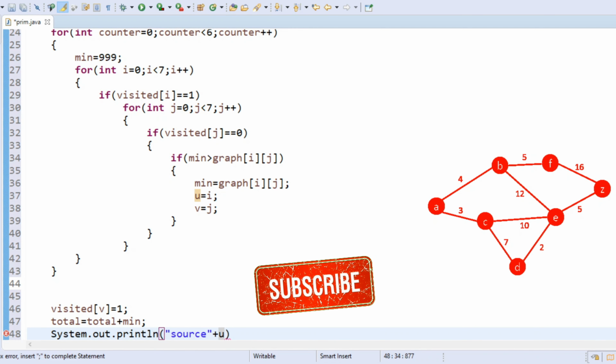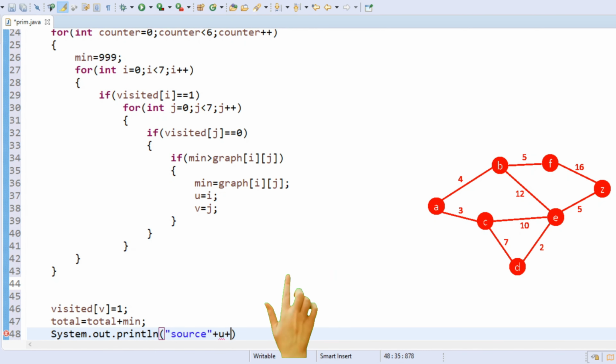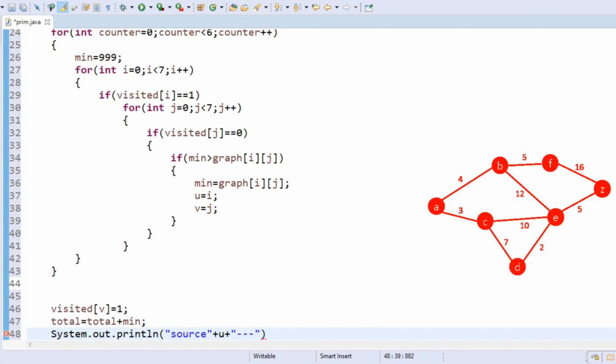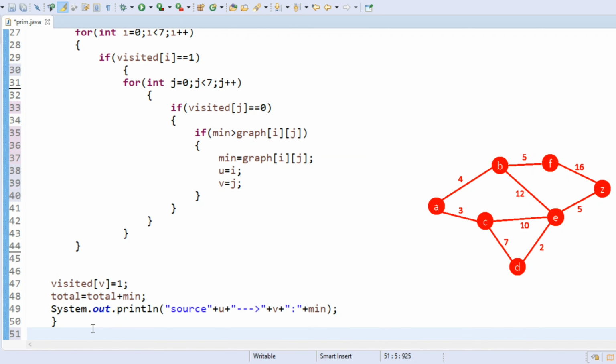Okay, after that I am going to represent to which edge it is going to be connected. Okay, it is going to connected the v, which is the destination. And after that I am going to print which is the minimum edge. Okay, min. After taking the u vertex, that means the source vertex, and v is the destination, and what is the minimum between that two nodes.